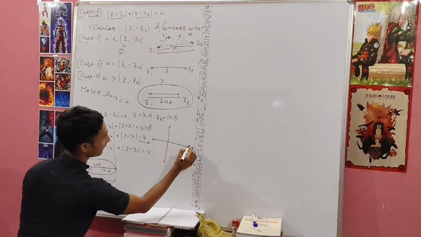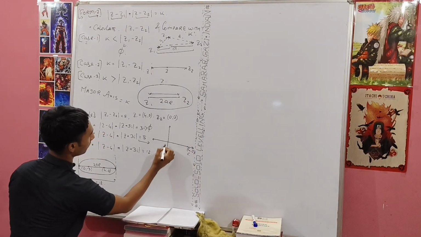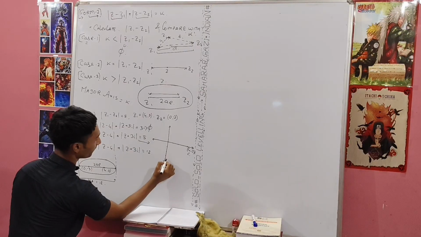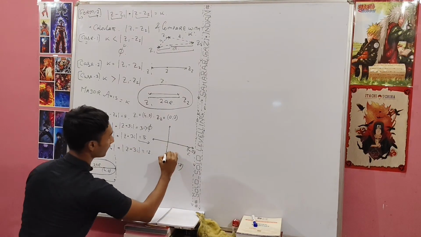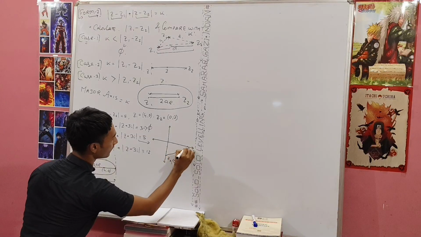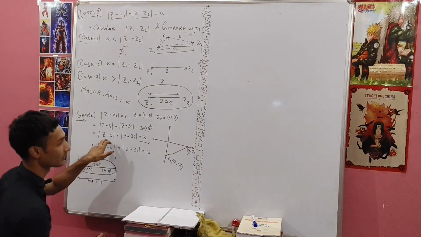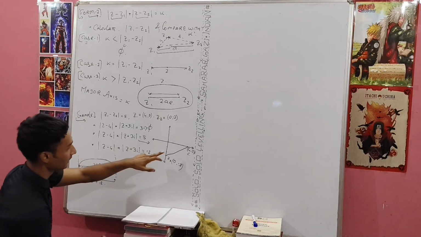This is z1. Okay, now another one, 0, minus 3, this is z2. The line segment is this, right? This is the locus in this case.